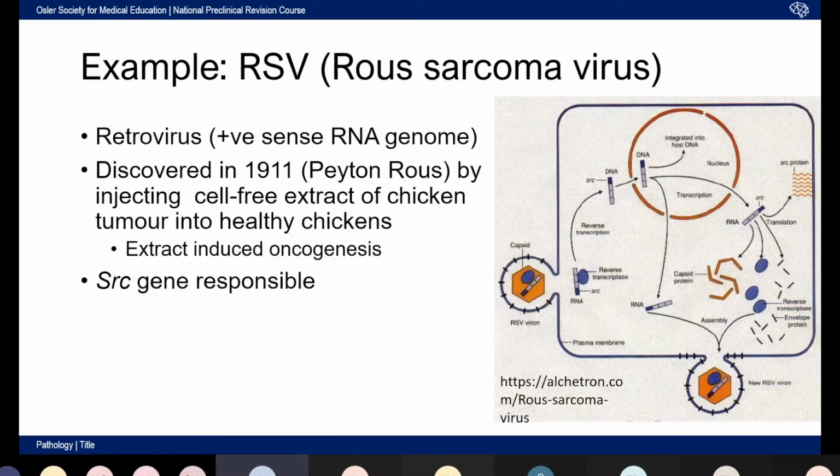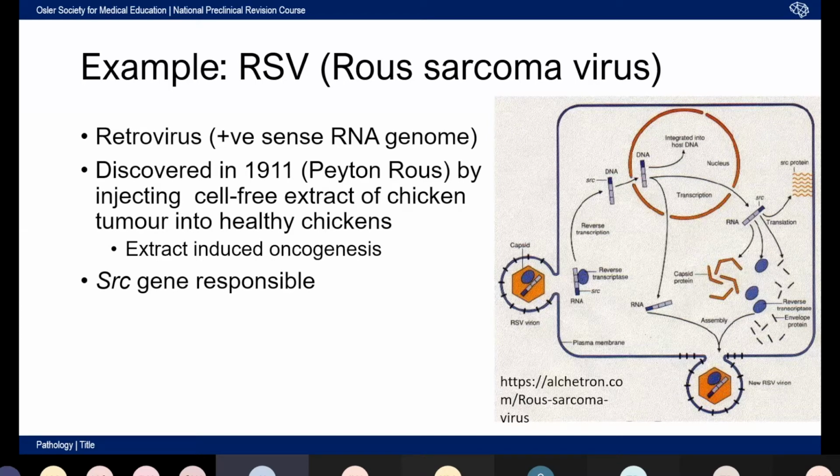An example is RSV, so Rous sarcoma virus. RSV here is not respiratory syncytial virus, which is confusingly another virus called RSV you may come across. But this RSV causes sarcoma in chickens, and it was the first oncovirus to be described. As a retrovirus, it transcribes its genome, which is positive sense RNA, into complementary DNA before the genome is integrated into host DNA.